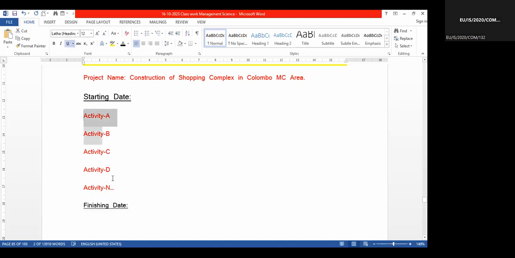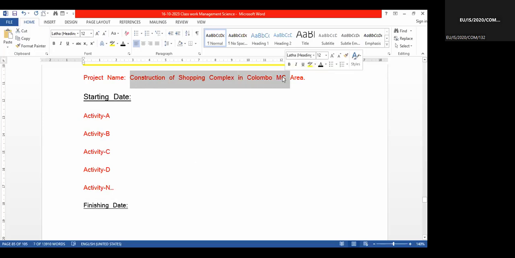If you complete all the defined activities, then the construction of the shopping complex in the MC area will be completed. So you see that activities are the total work divided into sub-activities. The construction of the shopping complex is the main project.